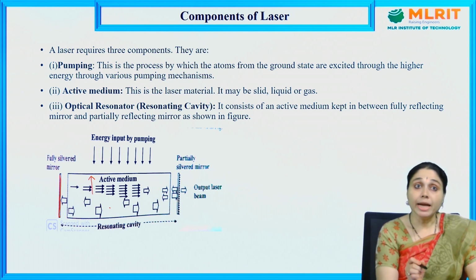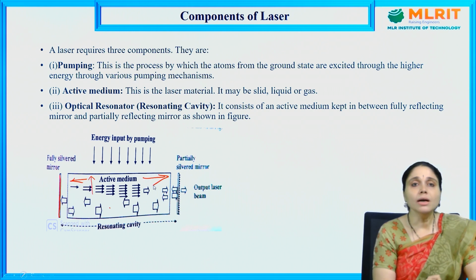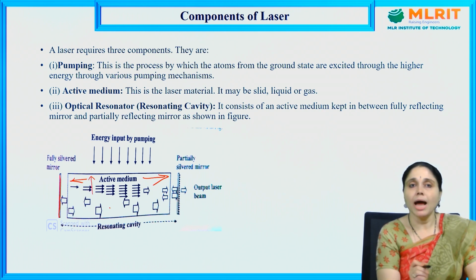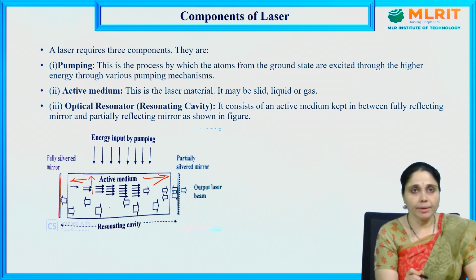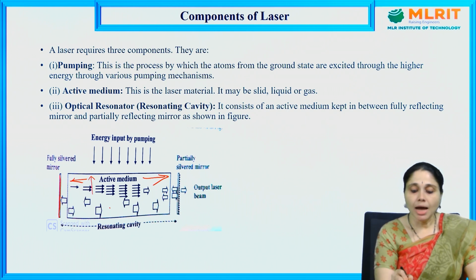The radiation will be reflected back and forth between the partially reflecting mirror and the fully reflecting mirror, so that whenever the waves are in coherence with each other, the laser will be produced out.